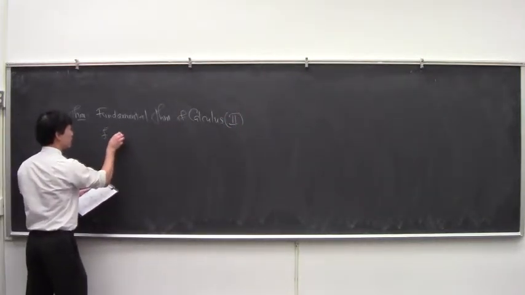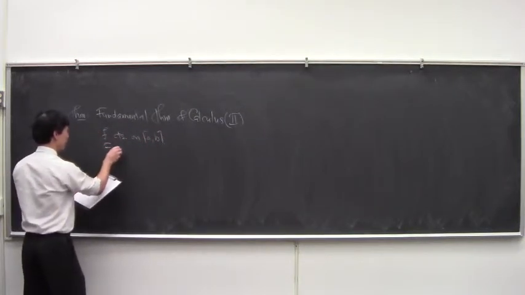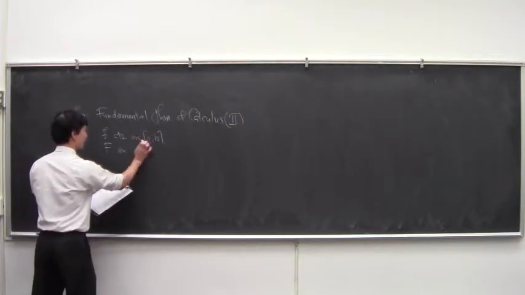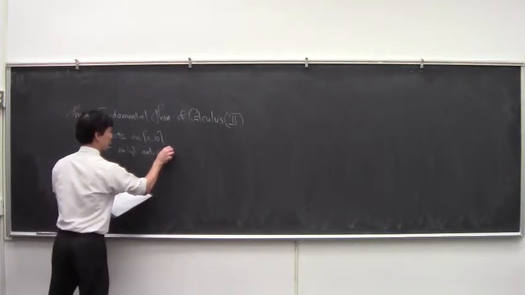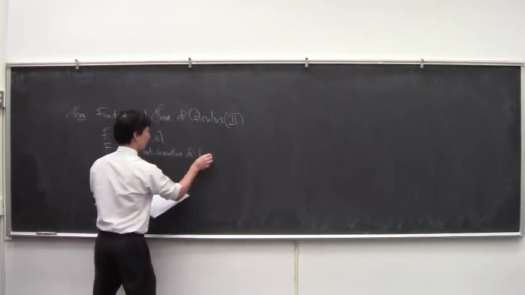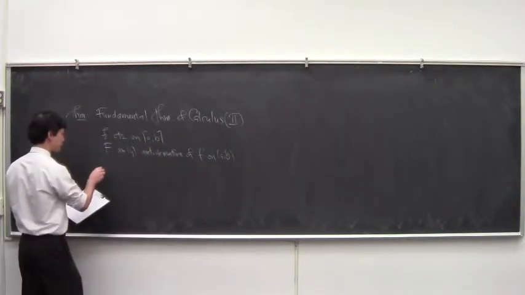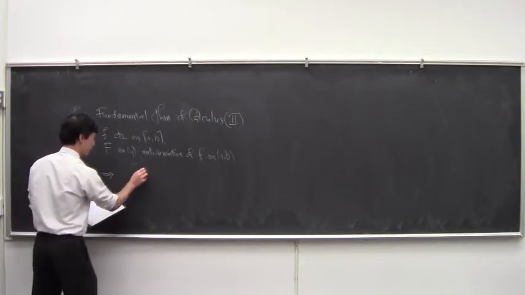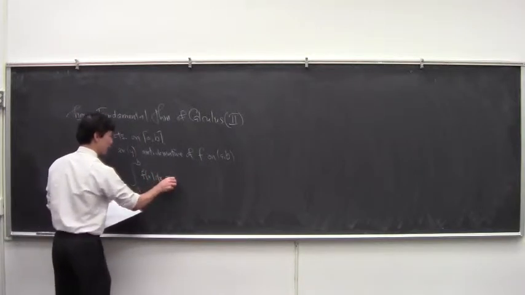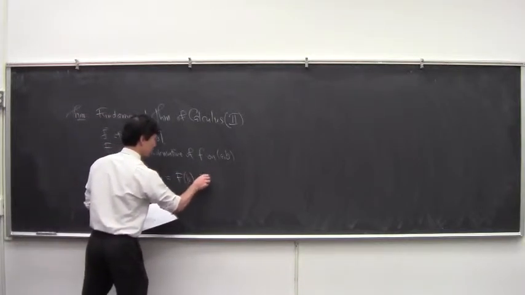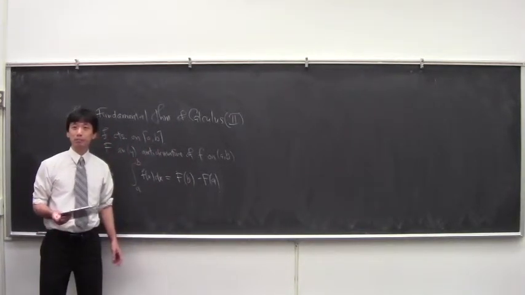If you have a continuous function on [a, b], and you have an antiderivative, any antiderivative of some function little f on the interior, then it turns out that you can calculate the integral of little f just by evaluating the antiderivative and taking the difference at the endpoints.